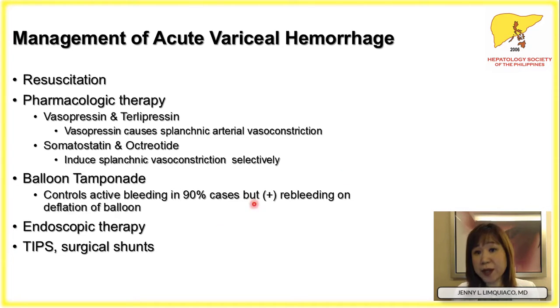Other therapy will be pharmacologic therapy with the use of vasopressin, terlipressin, octreotide. This will actually cause splanchnic arterial vasoconstriction, and the somatostatin will induce splanchnic vasoconstriction selectively. Other modalities are balloon tamponade, endoscopic therapy, TIPS, or surgical shunt.